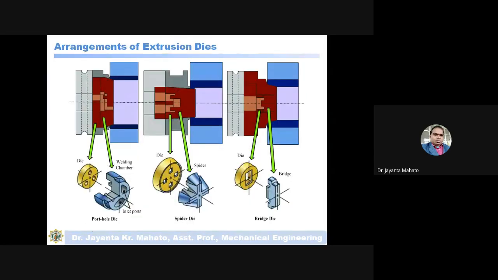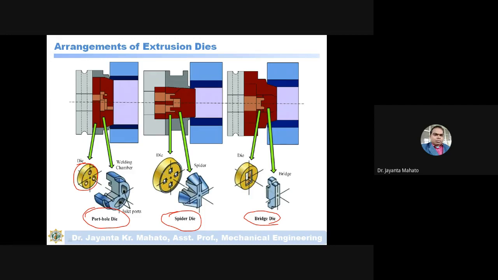This may be of three types: either part hole type die, or spider die, or freeze die. So just to look at it, in case of part hole type die, this is actually the die, and this die will be held in here.